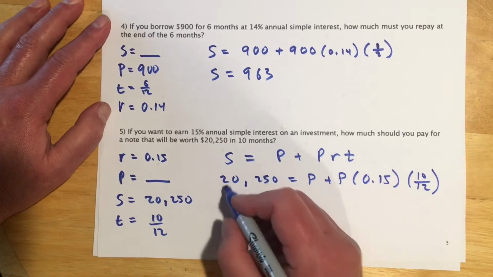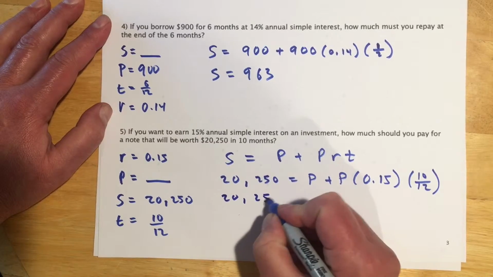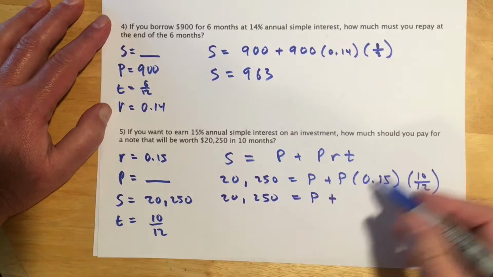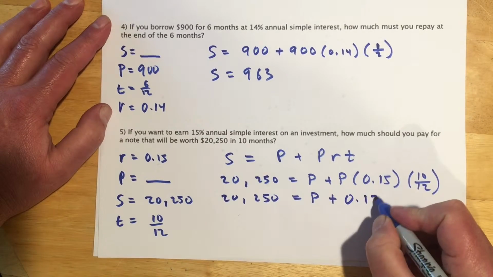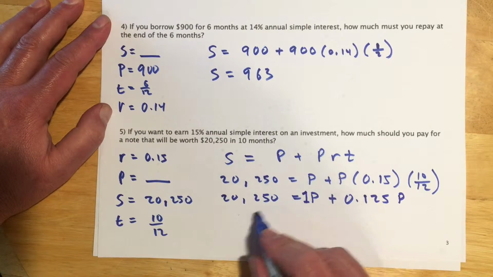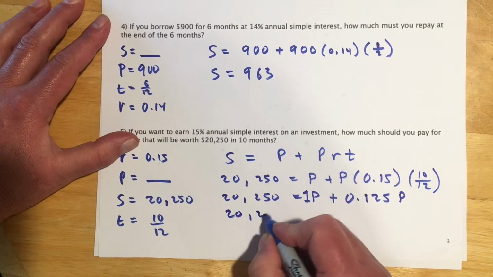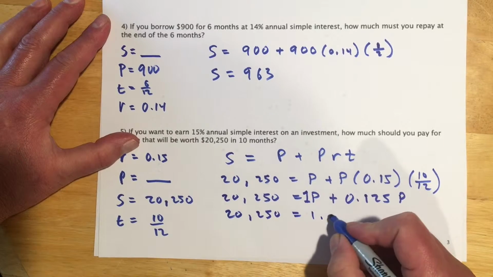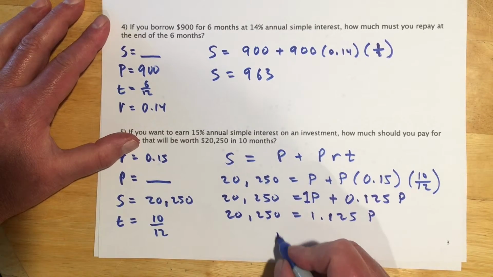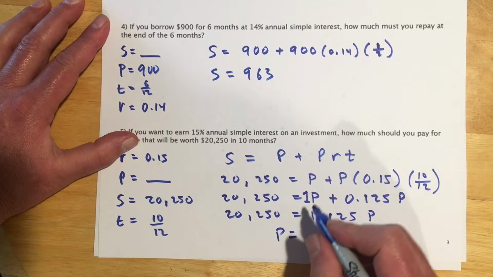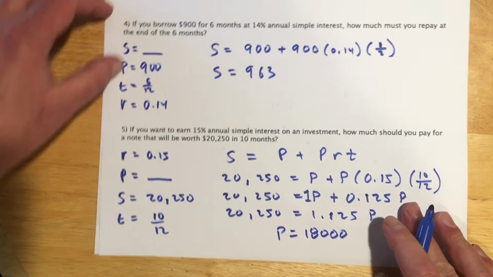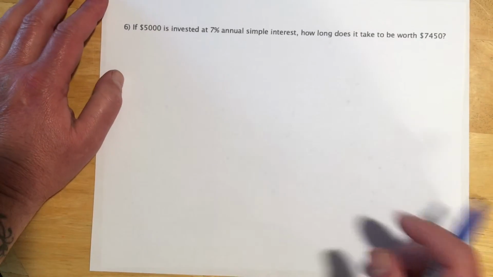And then put this in a calculator, and I got 0.125 P. And so then again, with that invisible 1, that makes this 1.125 P. And then I just divided this over, and that gave me a principal of $18,000.